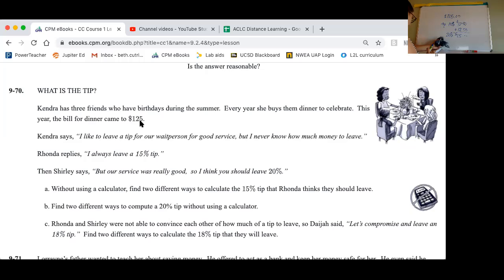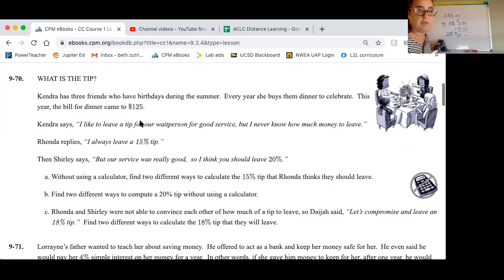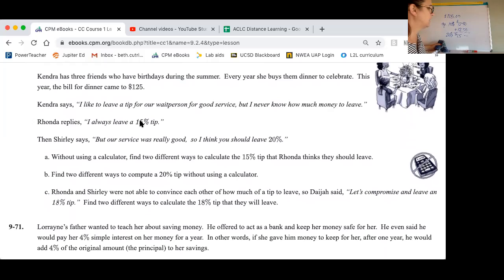So that's B. Rhonda and Shirley were not able to convince each other how much to leave. So Deja said, let's compromise. Leave 18%. 2 different ways to calculate 18%. So you could either multiply this by 0.18, but that's not estimating.